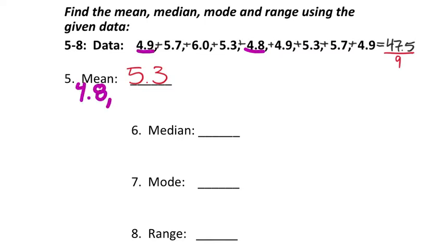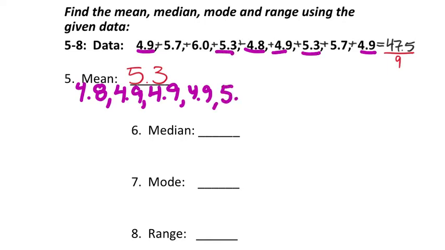So 4.9 is next, but I see 3 of those: 1, 2, and 3. Yeah, that looks correct to me. 5.3, 2 times. Twice right there for 5.7.